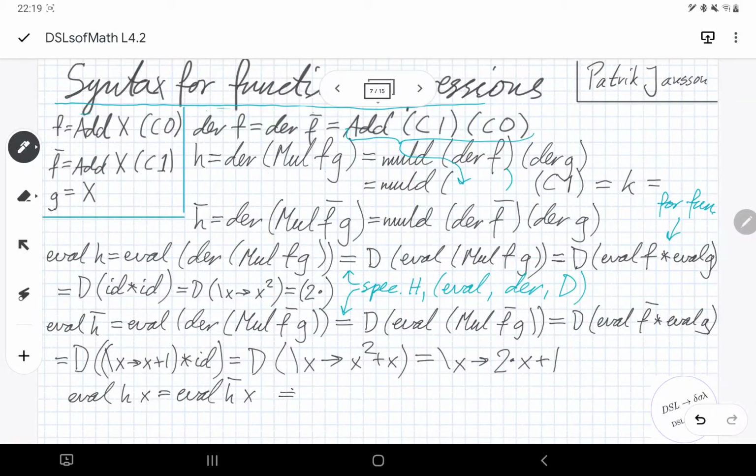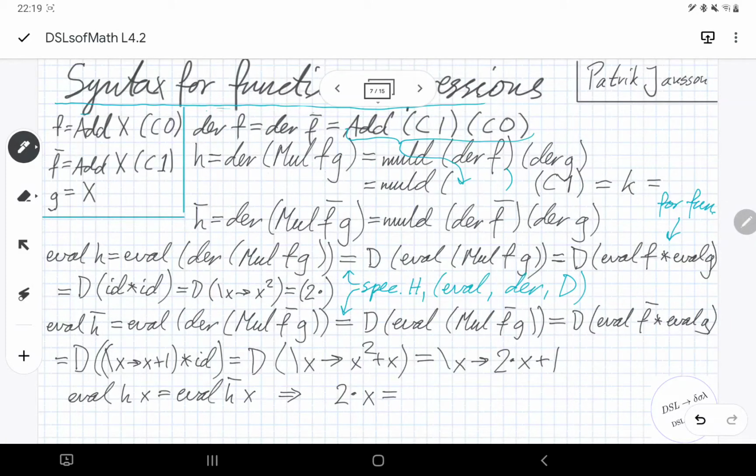This means that the 2 times function applied to x, so 2 times x, I don't even need the parentheses. I'm just using that we know eval h is the 2 times function, and if we apply eval h to x, then this is just 2 times x on the left-hand side.